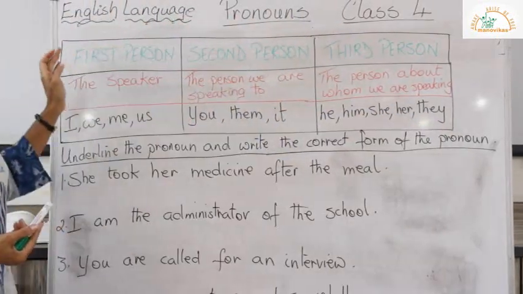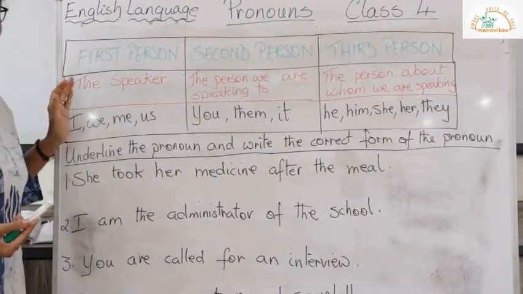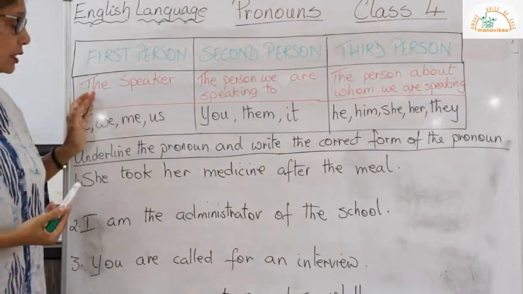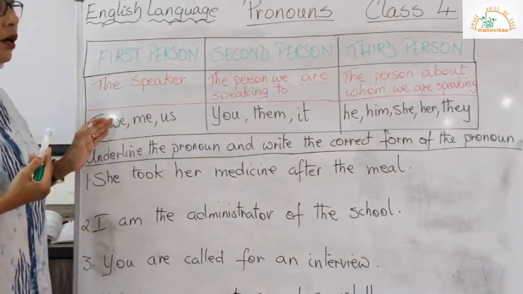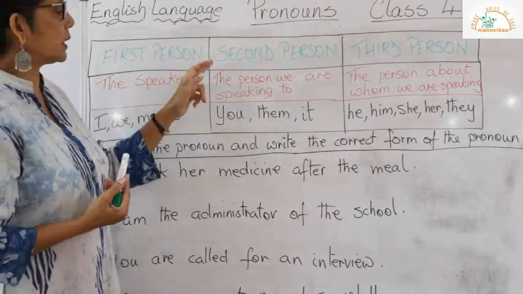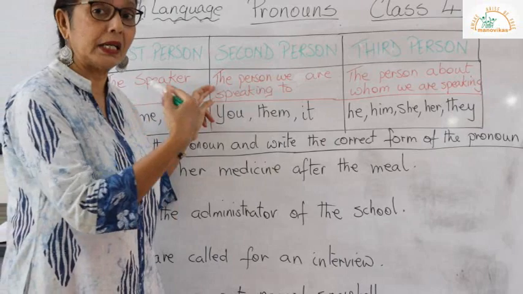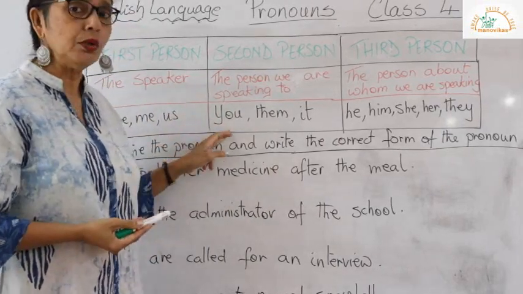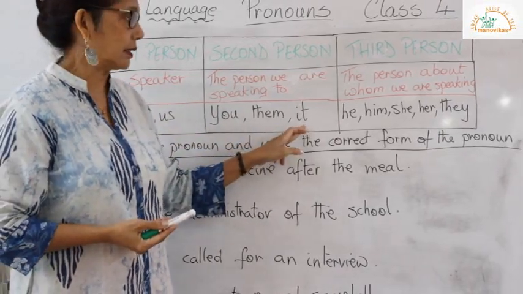I'll just repeat it again. First person is the speaker, that is I, we, me, us. Second person is the person we are speaking to, that is you, them and it.